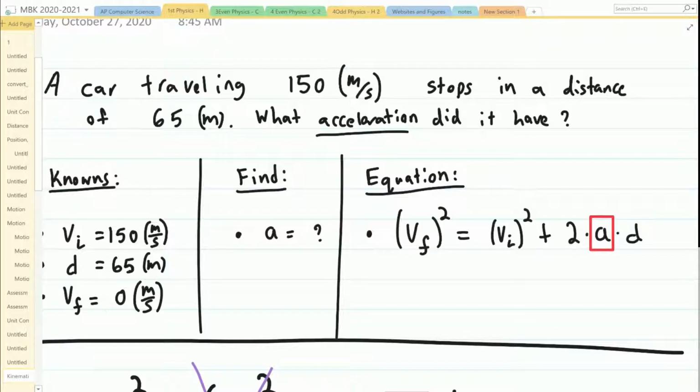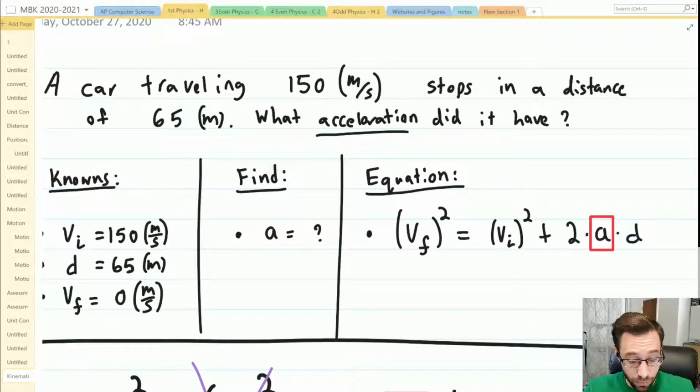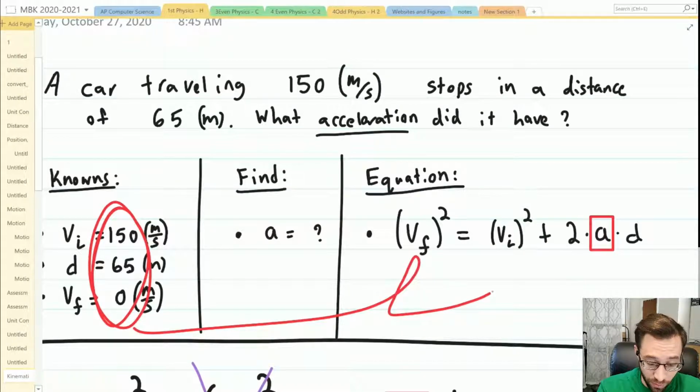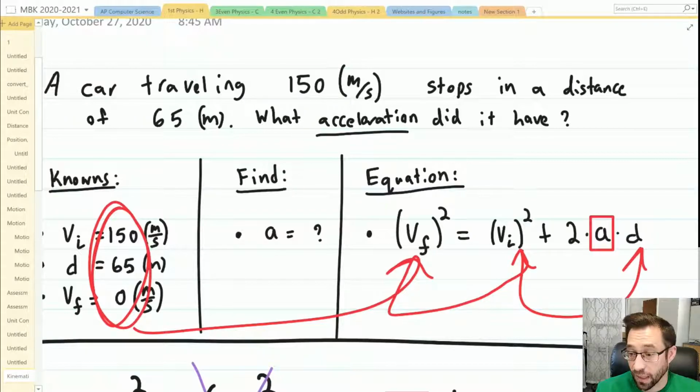Okay. So, before we even do that, what a traditional physics class would get you to do is take all these knowns and immediately plug them in for the things that you know. You would plug them in for the v sub i, v sub f, and d. And then you would do the algebra. Okay?